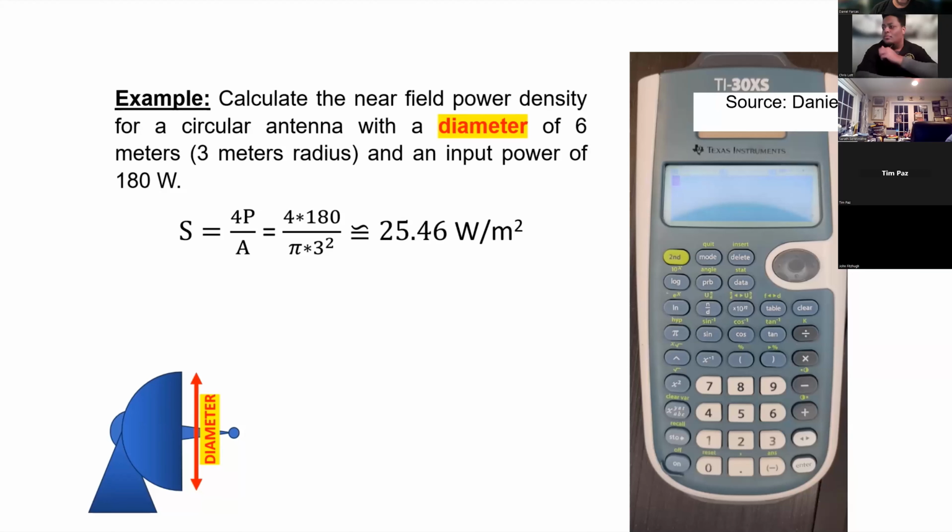In this case, the power density equals (4 times 180) divided by (pi times 3 to the power 2), which equals approximately 25.46 watts per square meter.